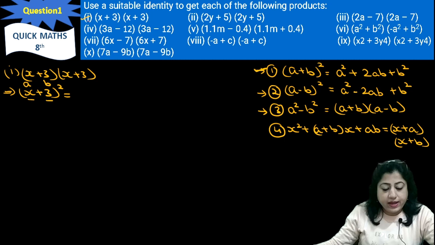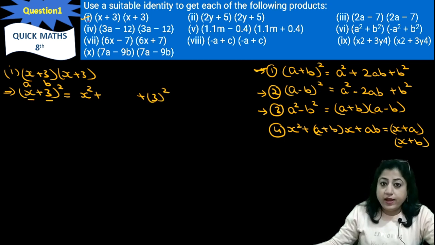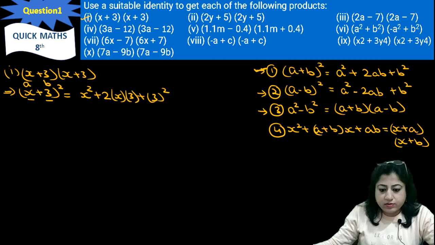So it will be a square, which means x square, plus b square, which means 3 square, and in between 2ab, which means 2 multiplied by x multiplied by 3. So we have utilized the first identity.